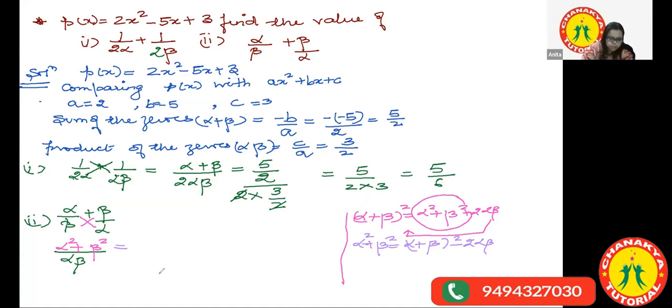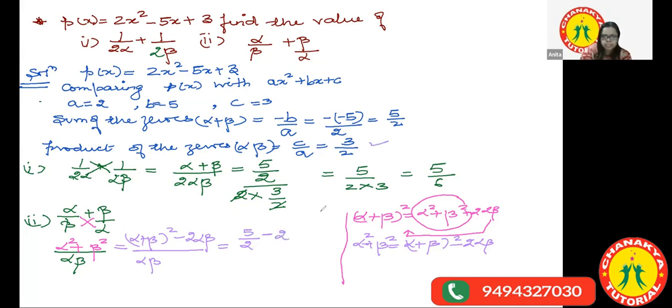Okay. Now alpha square plus beta square. So now put here the value: alpha plus beta whole square minus 2 alpha beta, divided by alpha beta. Now the sum of the zeros is 5 by 2, so 5 by 2 whole square minus 2 alpha beta.